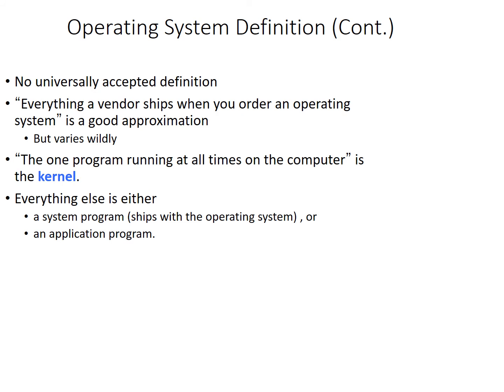Operating system definition. There is no universally accepted definition. Everything a vendor ships when you order an operating system is a good approximation, but it varies wildly. The one program running at all times on the computer is the kernel.